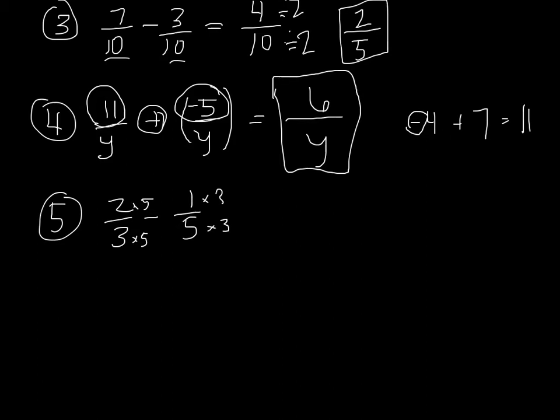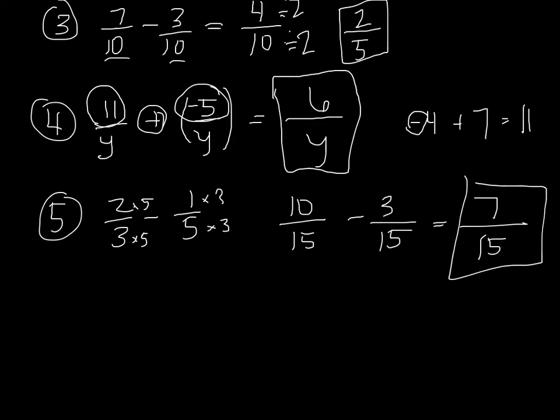So then I would get 10 over 15 minus 3 over 15. Okay, 10 minus 3 is 7. Keep our denominators the same. 7/15 would be our answer. That one's already reduced, so we don't have to worry about reducing any. Okay, let's try number 6.